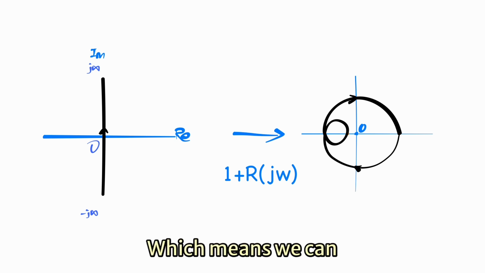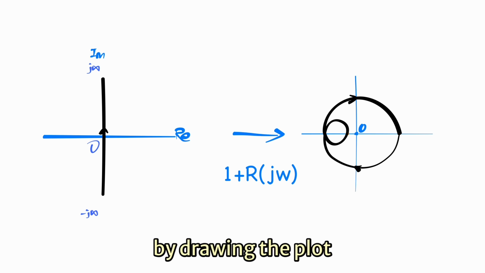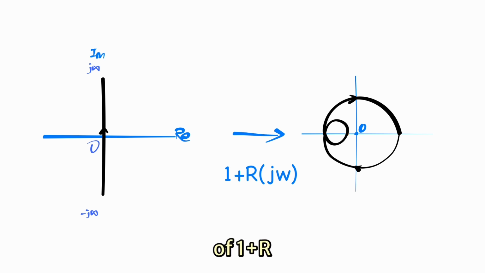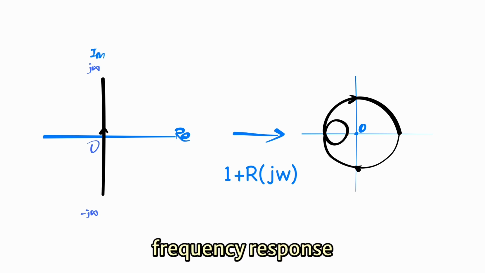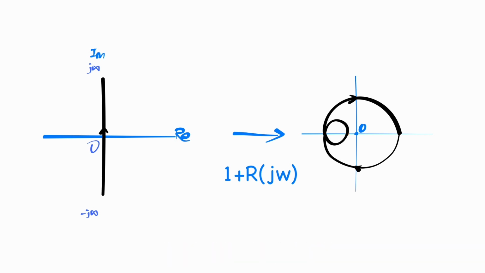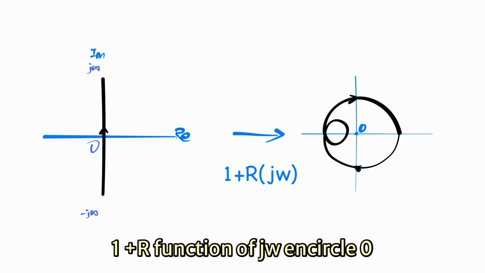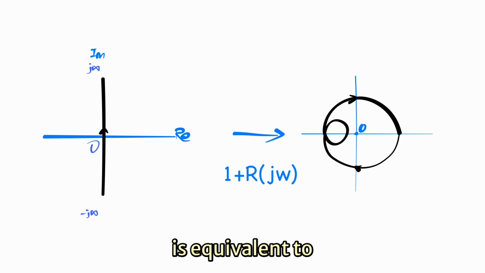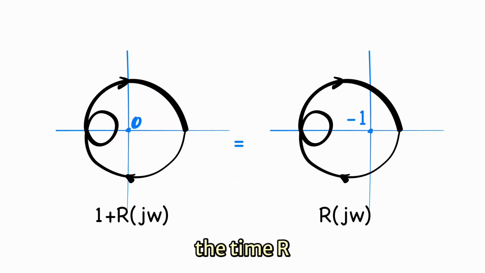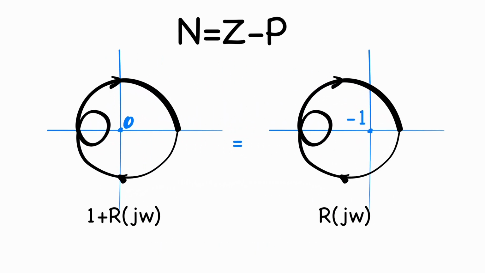This means we can check the origin encirclement number by drawing the plot of 1 plus return ratio R as a function of j omega, where R as a function of j omega is exactly the frequency response. The number of times that 1 plus R of j omega encircles 0 is equivalent to the number of times R of j omega encircles minus 1.